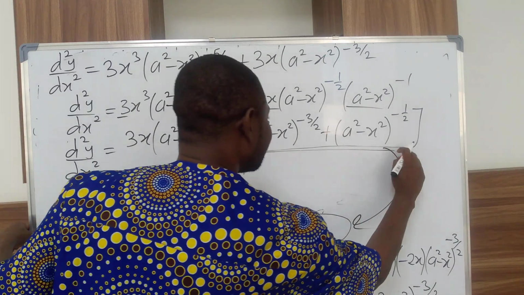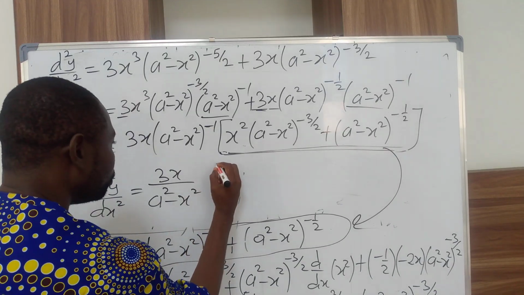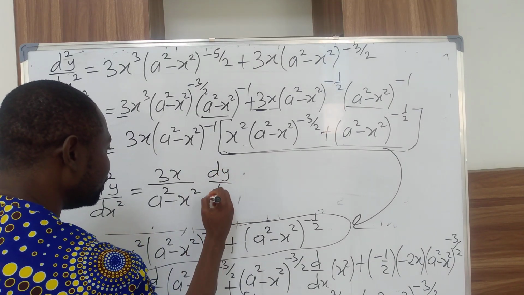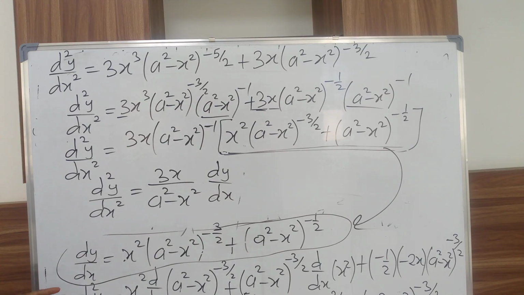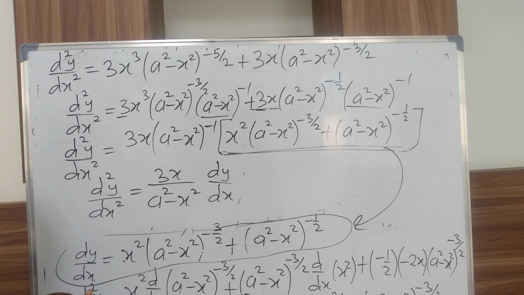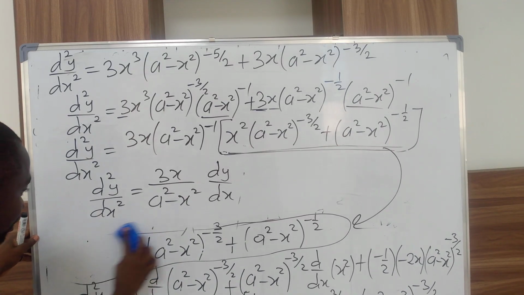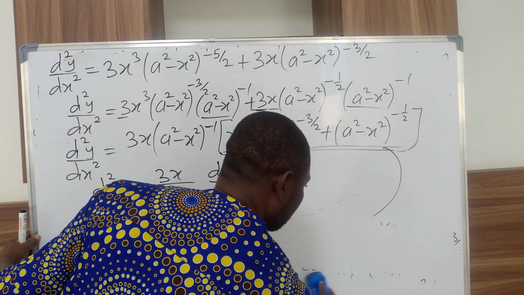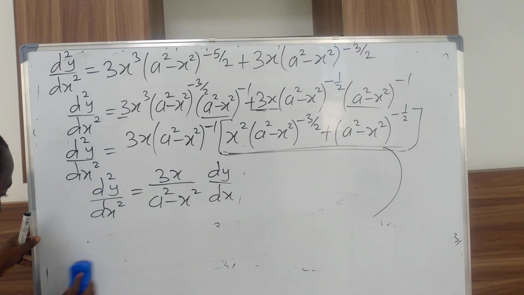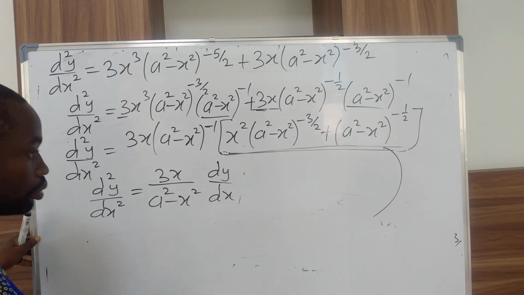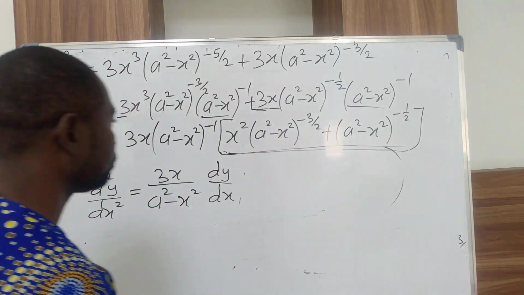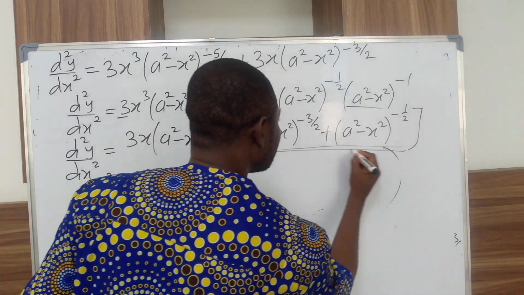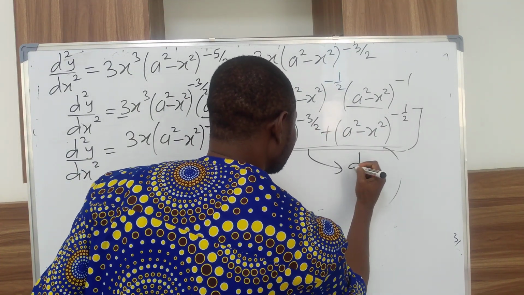Now the whole of this is your dy/dx. So dy/dx. Alright? Now since I've made use of this one, I can plane it now. And don't forget this, the whole of this is dy/dx.